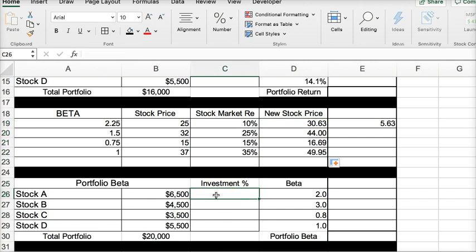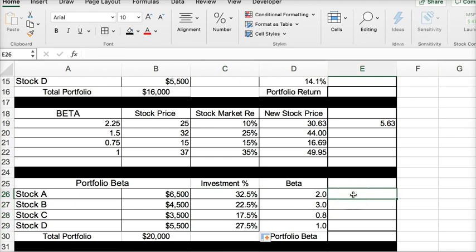So if we take the individual stock divided by the total, we get a percentage of the investment. So 6,500 is 32% of 20,000. And I'm going to put, again, dollar signs here. These create an absolute position so I can just drag it down.